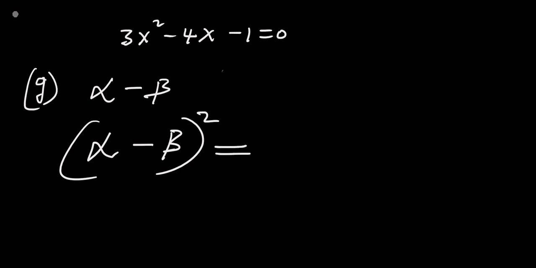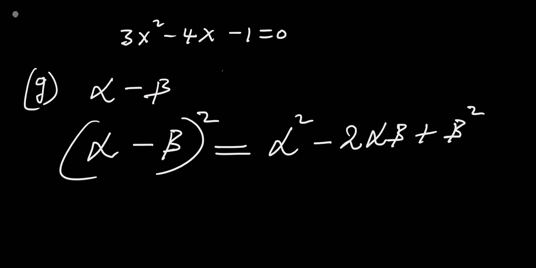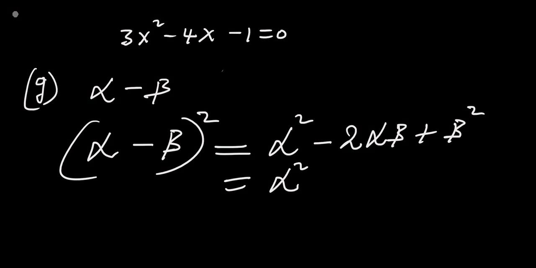And this, of course, is alpha squared negative 2 alpha beta plus beta squared. So now, this can also be written as alpha squared plus beta squared negative 2 alpha beta.